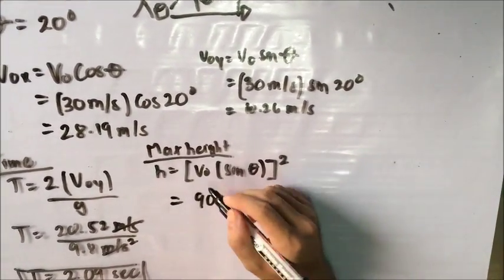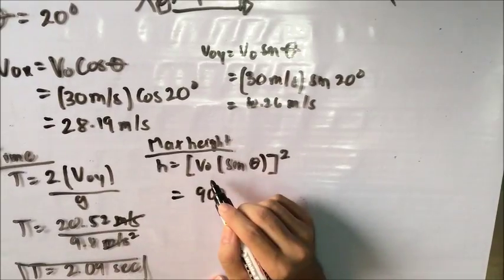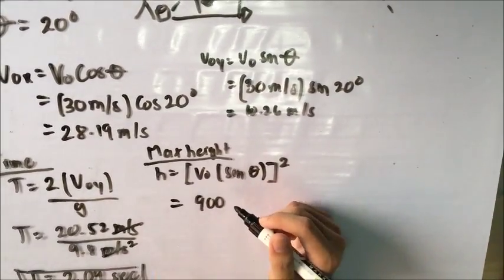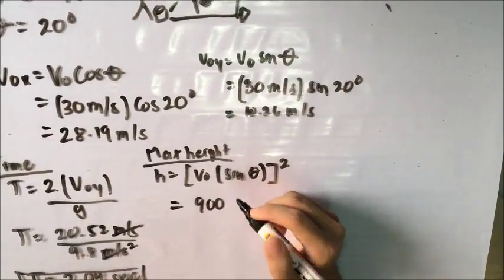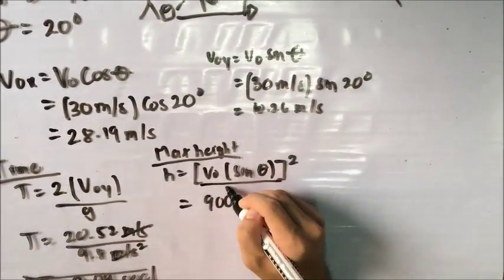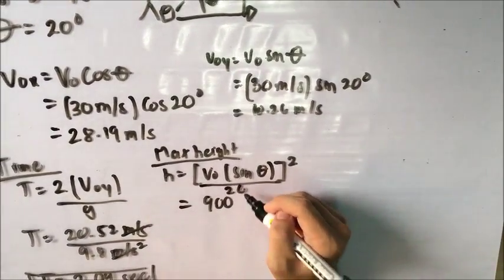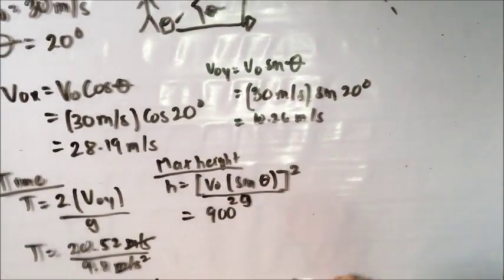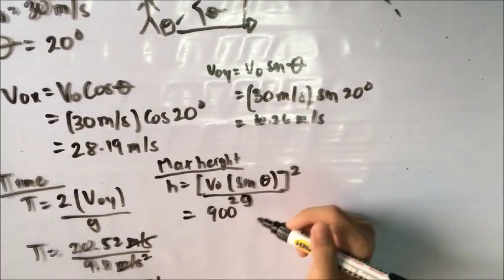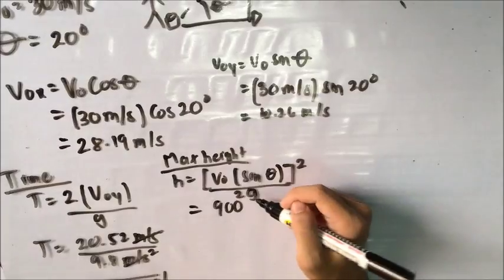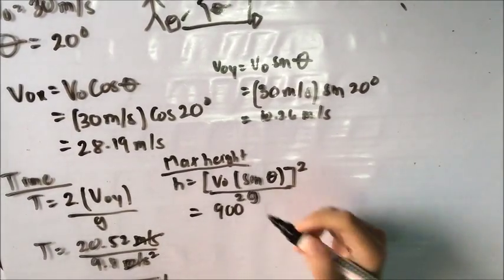The initial velocity squared would be 900, over 2g. I forgot the value of gravity.